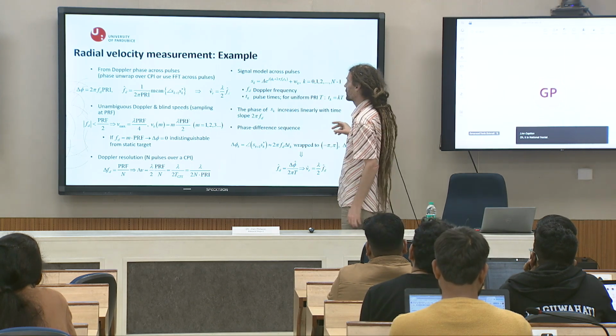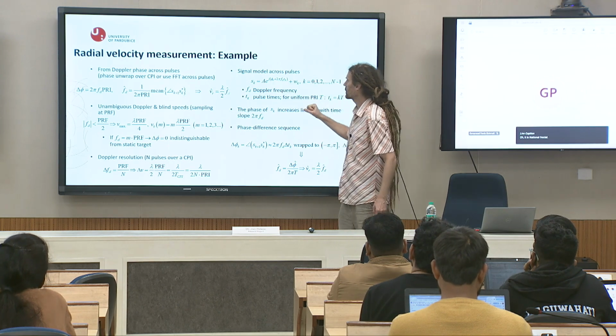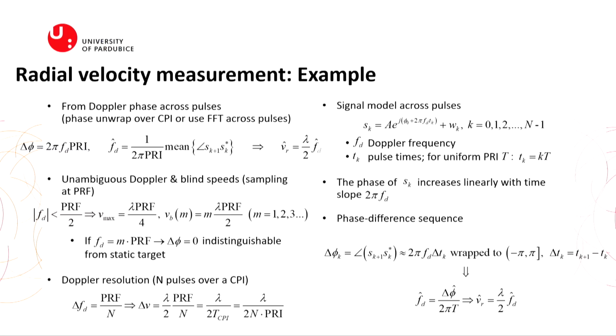If I have the signal model across pulses, I get this: my signal with amplitude, exponential of j phi 0, some initial phase, plus 2 pi fD, the Doppler shift, times tk, the sampling time at some specific moment, plus white noise. So the phase increases linearly with time.